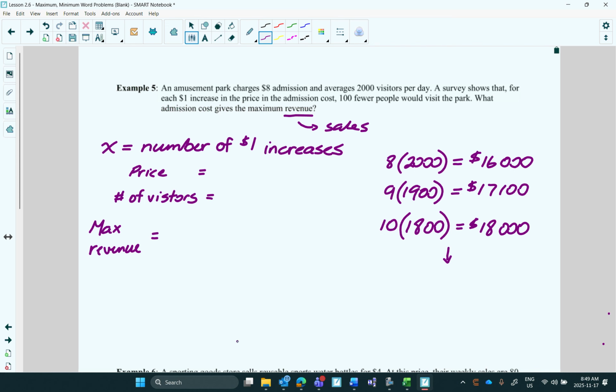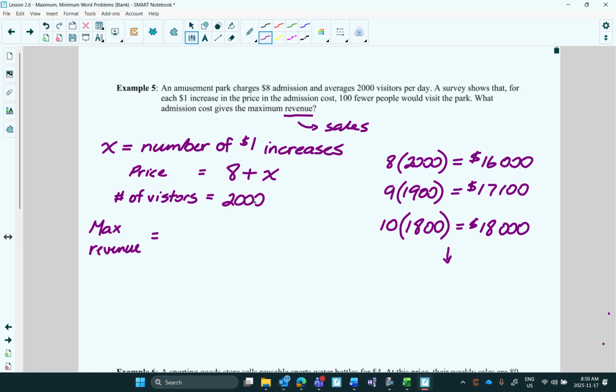What's the price right now? $8. And I'm trying to figure out how many x's can I add? And each x is $1. So that's an expression for the new price. 8 plus however many increases I can get away with. What's the number of visitors?